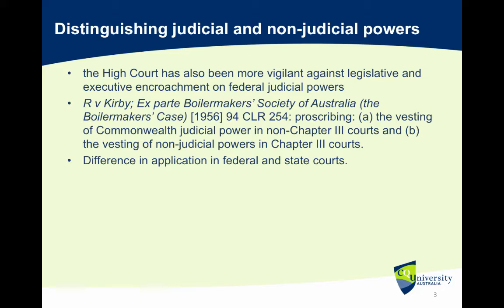But in the context of the Australian Westminster system of government, because of the fusion, in a sense, of the powers of the legislature and the executive, it falls to the judiciary to protect the bulwark of democracy and constitutionalism by disallowing an agency which may actually be part of the executive from exercising judicial powers.